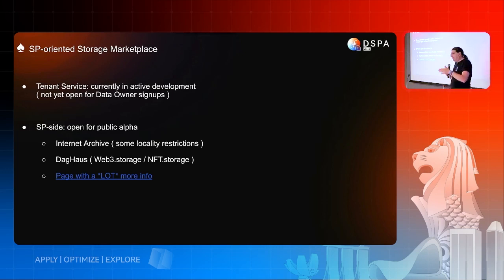But anything else outside of the firewall is fine. And then we have DuckHouse, which are smaller volume, but they have no restrictions at all. There is a link in the slides. We didn't get a chance to do a QR code, but there is a lot more information on how to sign up, the actual links where you enter your SP data and so on and so forth.